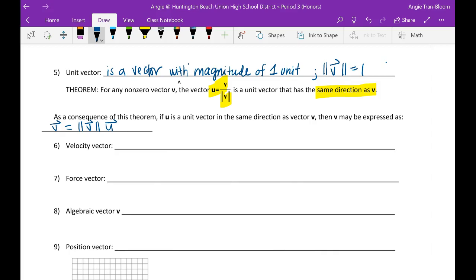6. Velocity vector represents the speed and direction of an object.